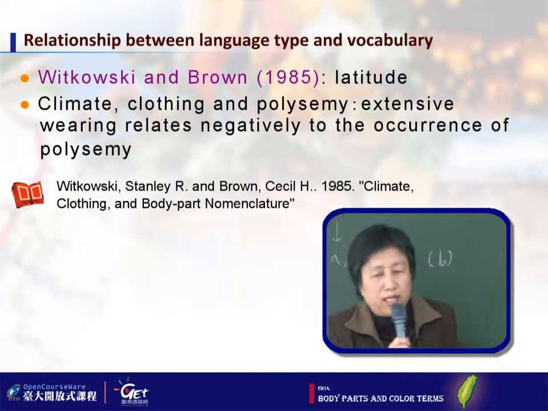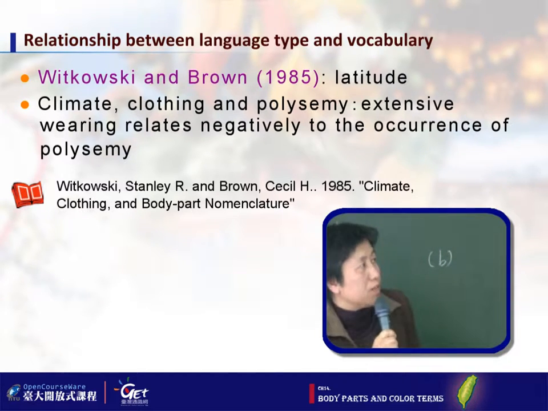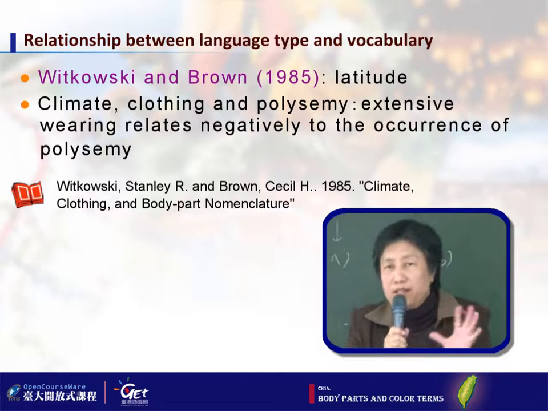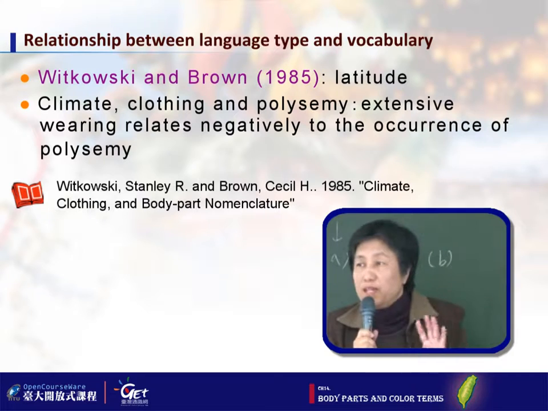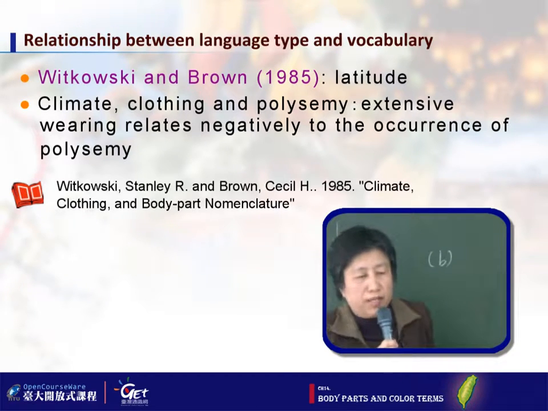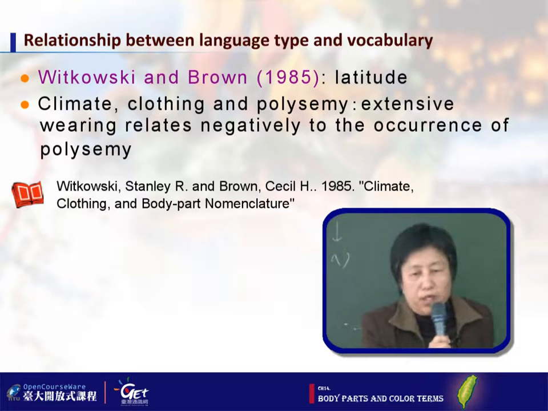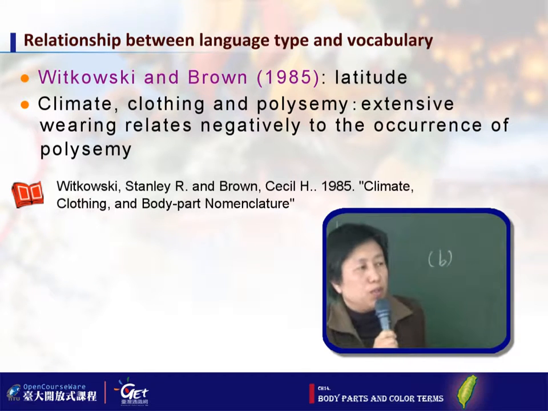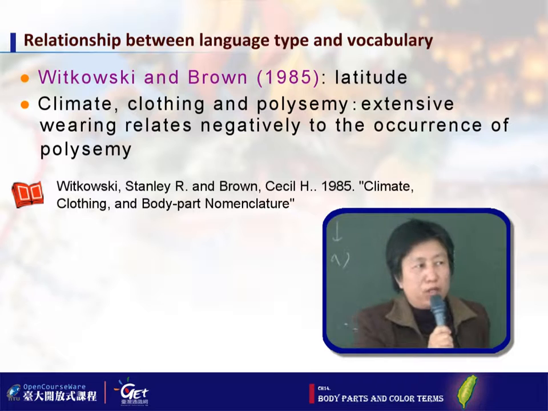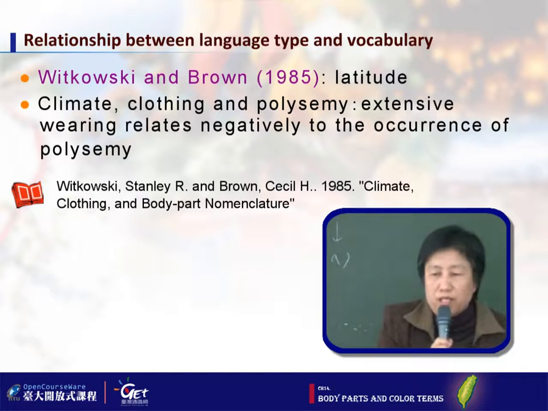Wieckowski and Brown in 1985 tried to explain the reason why there's such a distribution, why there are type 1 and type 2 languages. They use latitude, weather, climate, and also the clothing culture to explain the distribution.